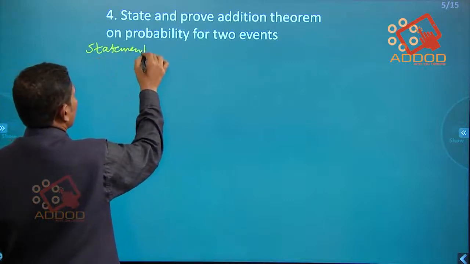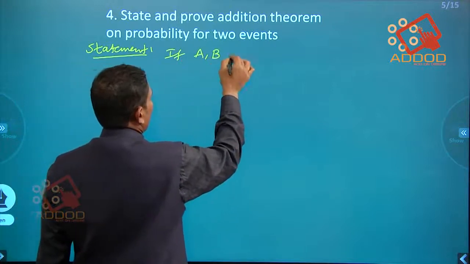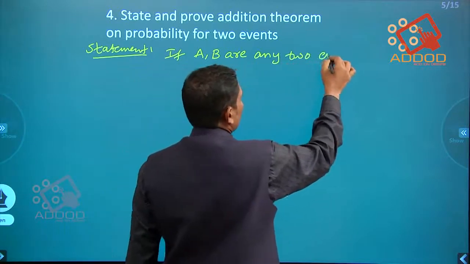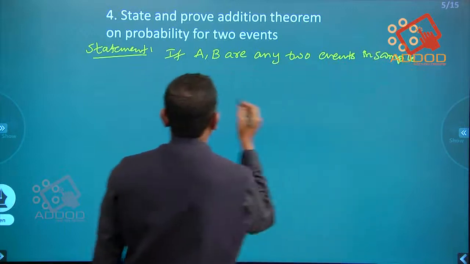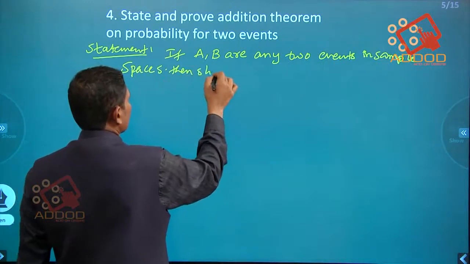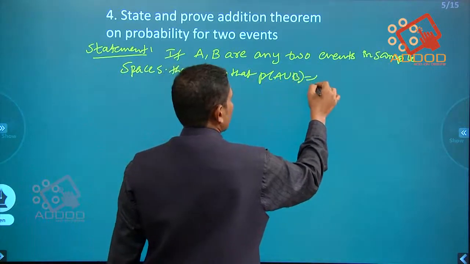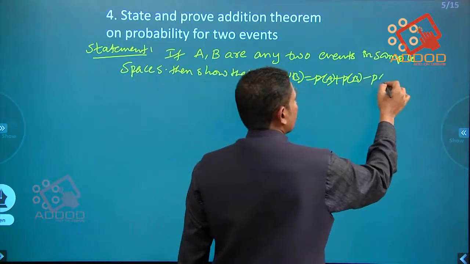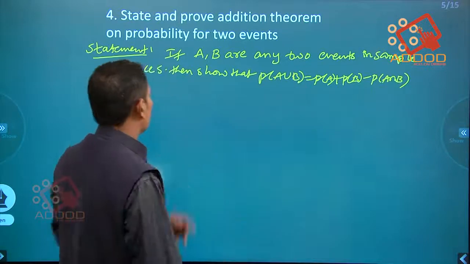If capital A, B are any two events in sample space S, then show that P of A union B becomes P of A plus P of B minus P of A intersection B. That is the addition theorem for two events.